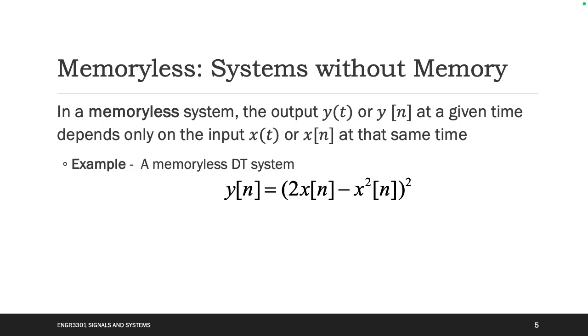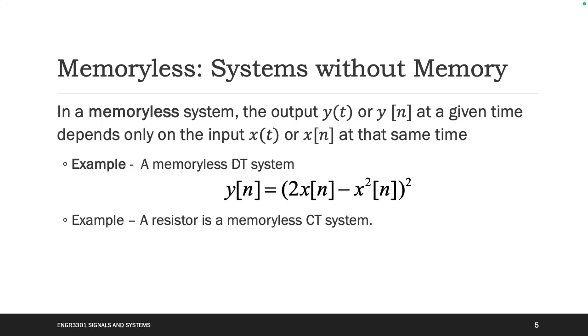Does that make sense to you? You can see the output only depends on the input at the same time. The n only depends on n. It will not depend on n plus 1, and it will not depend on n minus 1. It only depends on n at the same time. So this system is a memoryless system.